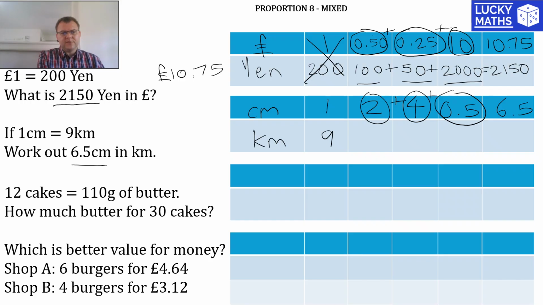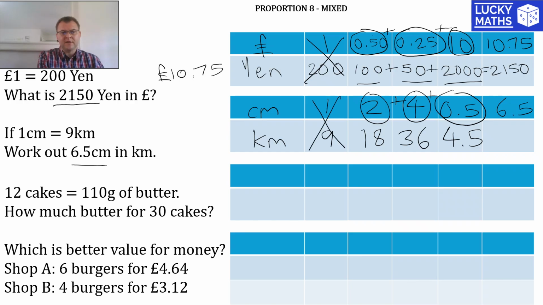So if 1 centimeter is 9k, 2 centimeters will be 18 kilometers, and 4 centimeters will be 36. But to get from 1 centimeter to half a centimeter, we're dividing by 2, so half of 9 is 4.5.